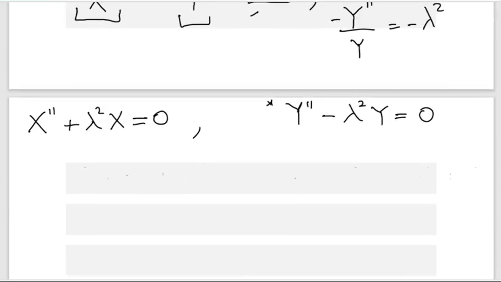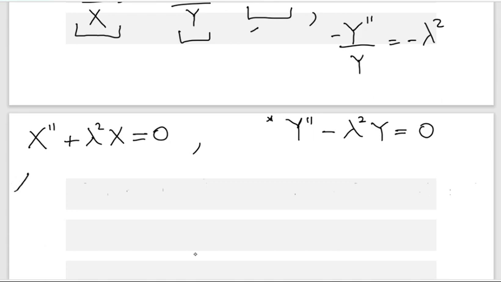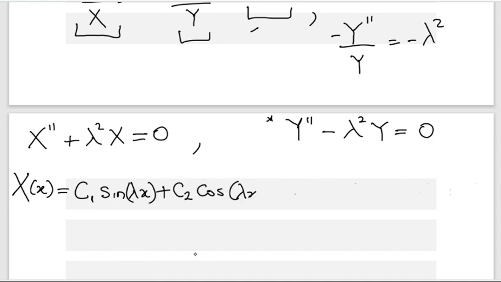And the solution to this is simply x of x is equal to c1, a constant, sine lambda x plus c2, another constant, cosine lambda x.